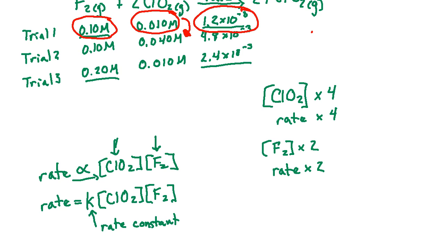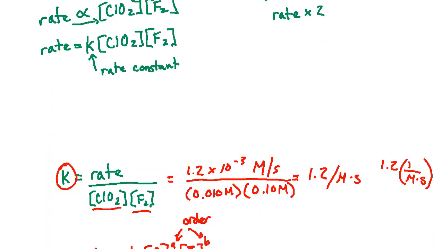Well, if I divide rate 2 by rate 1, I'm going to get what value? And the answer you should come up with is 4, right? Now, if the concentration changed by 4 when I'm doing that, that means that the overall order is going to be first order.